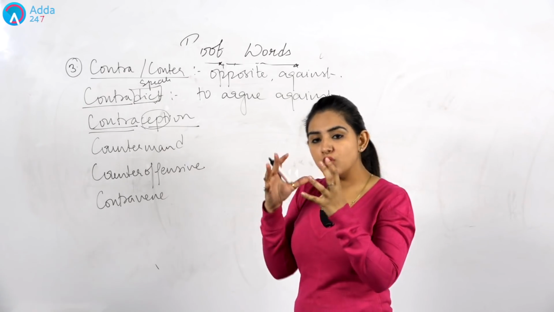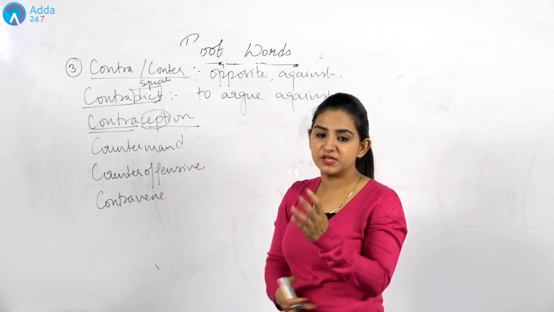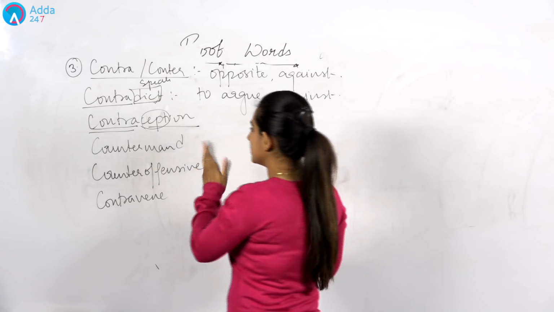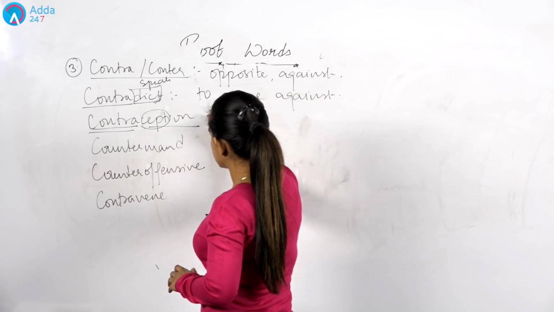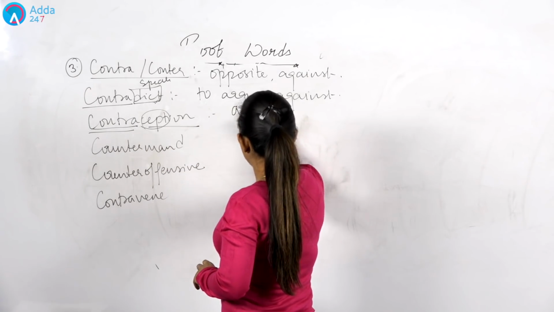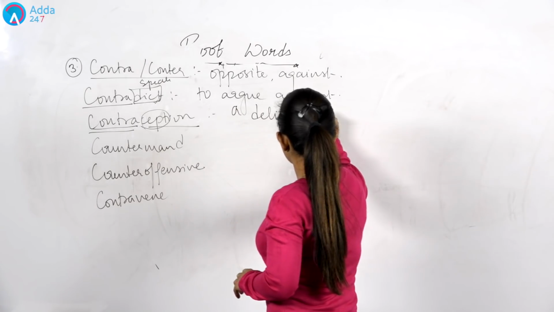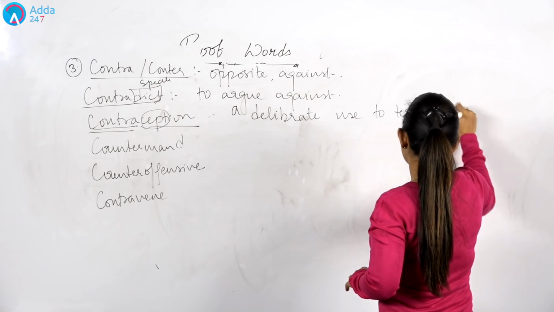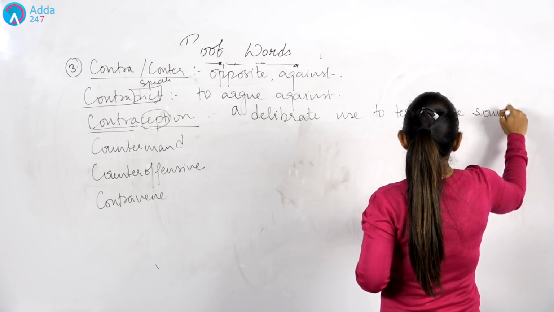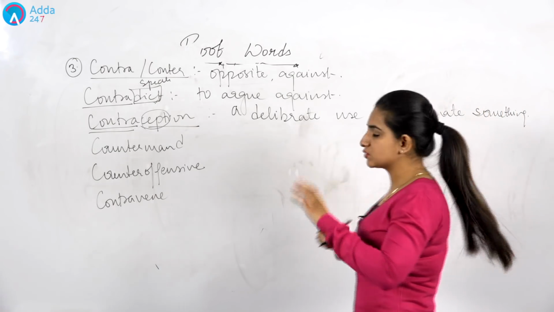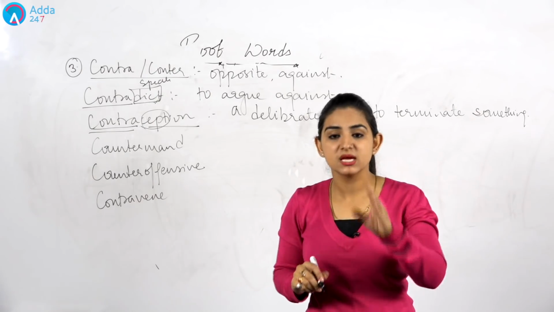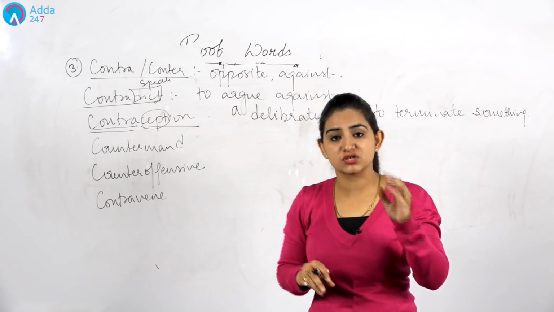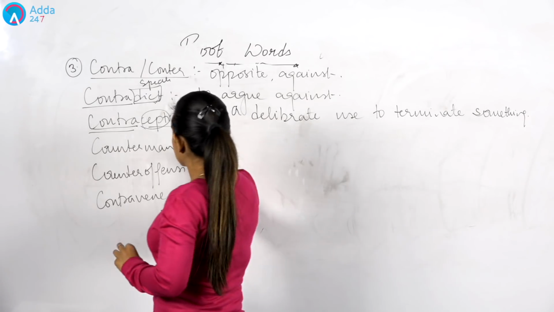So if you don't want to hold the baby inside your womb, that is what we mean by contraceptive. So contraception means a deliberate use to terminate something. When you want to end something deliberately, that is the name given to the process. That's contraception.